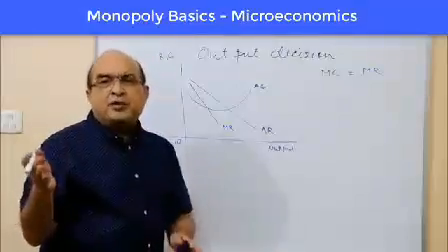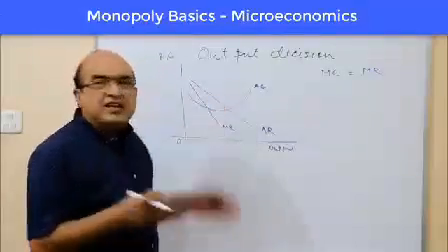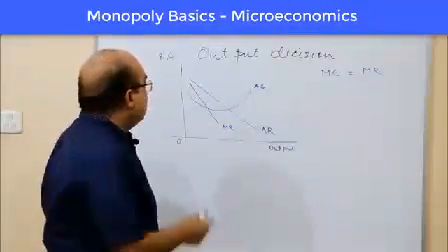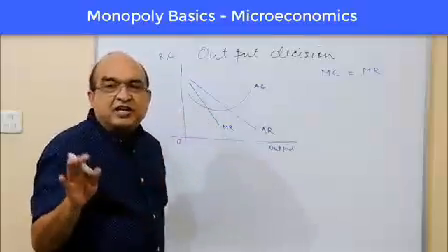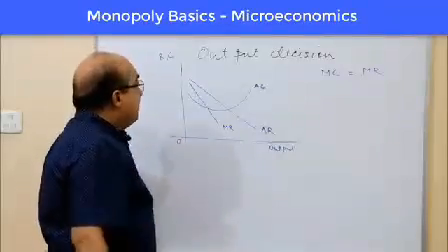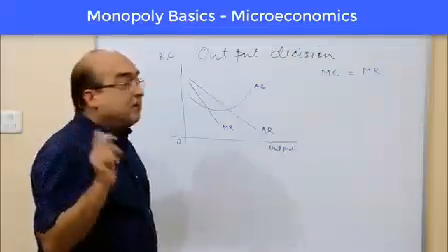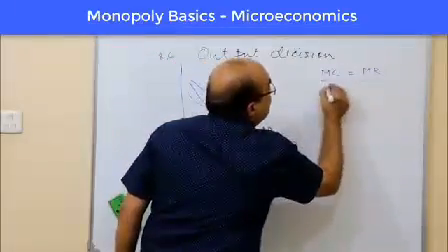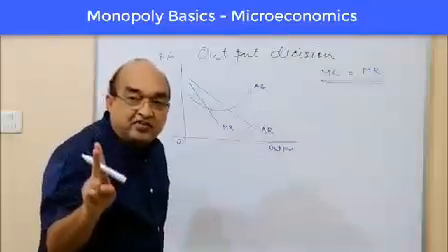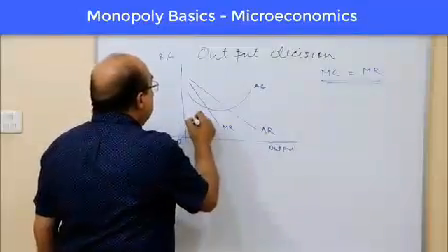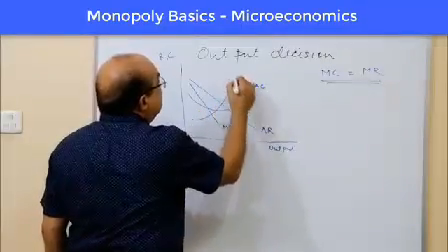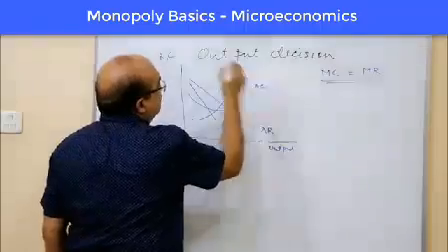That could also be a possibility, but the result remains unaltered irrespective of the shape of the average cost curve. But we also need the marginal cost curve, because we have to find which output level satisfies this condition. So this is marginal cost.